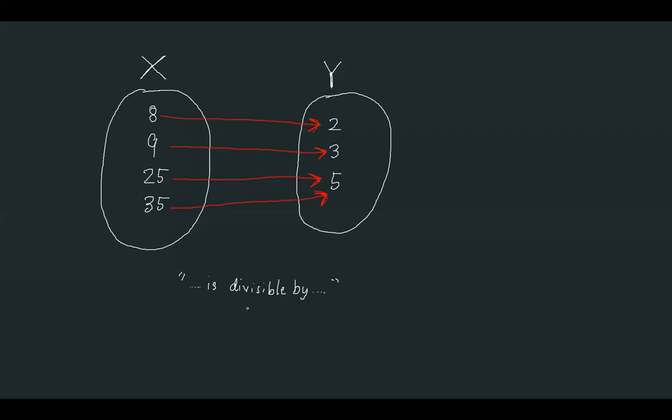So what we're going to do is pair them up. Since the numbers in set X are the ones responsible for matching themselves to the numbers in the other set, this is the format: parenthesis X, comma, Y. This X is the one responsible for matching.